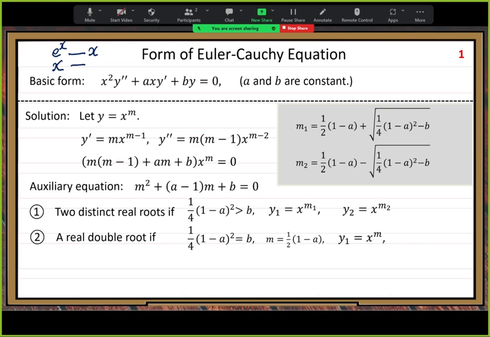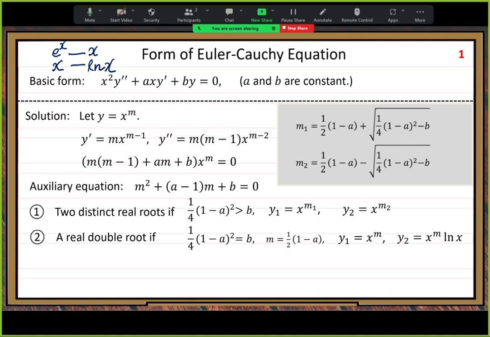This is a natural analogy. Let me write it out: natural log. So you can write the y2 function: x to the m times natural log of x. If you like, you can verify it easily.